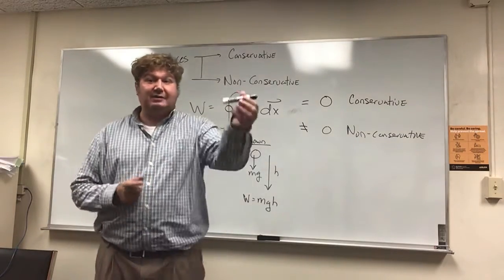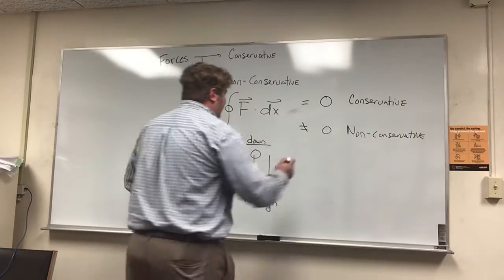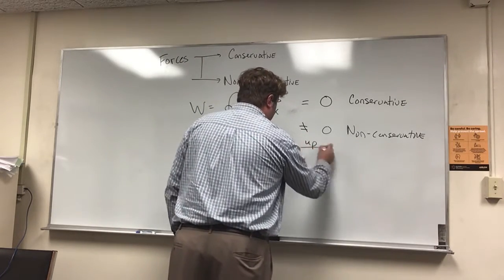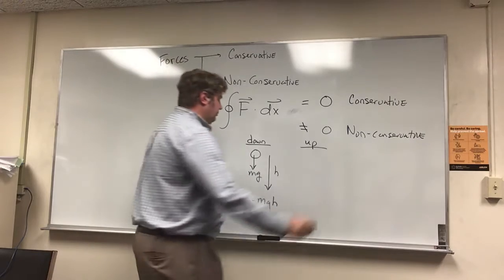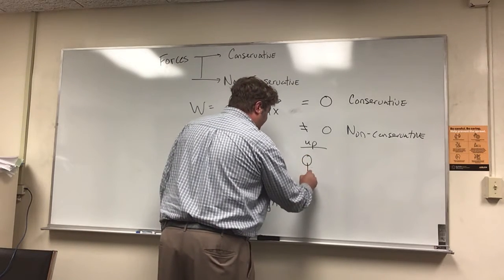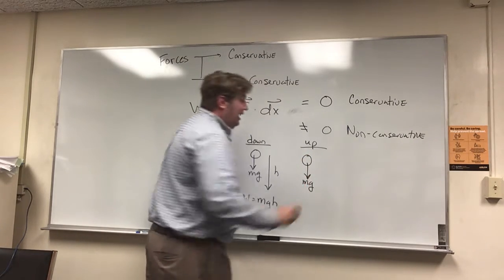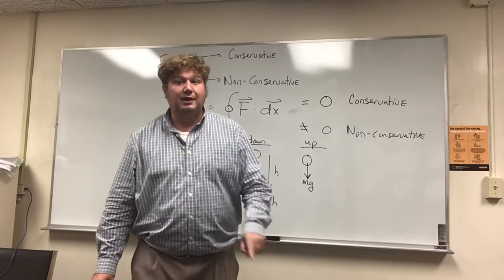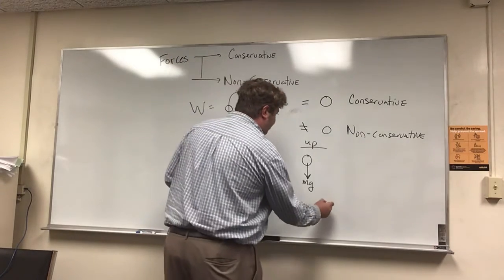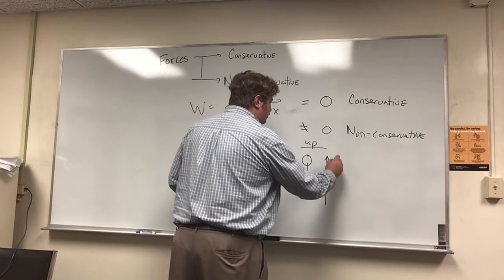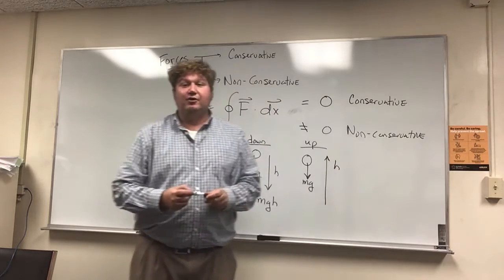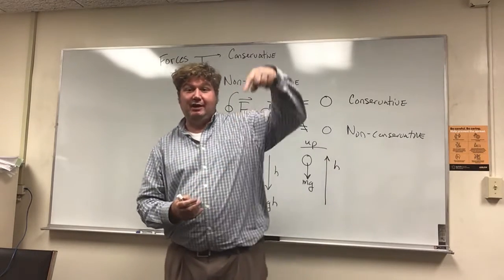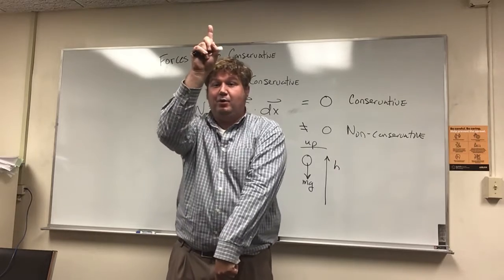We want to come back to the top, so we do up. What's the work done there? Well, my gravitational force is still pointing down, but my path is now going up. So I take the dot product between a force that points down and a path that points up.